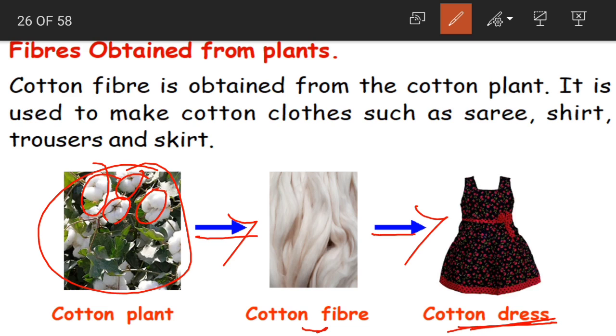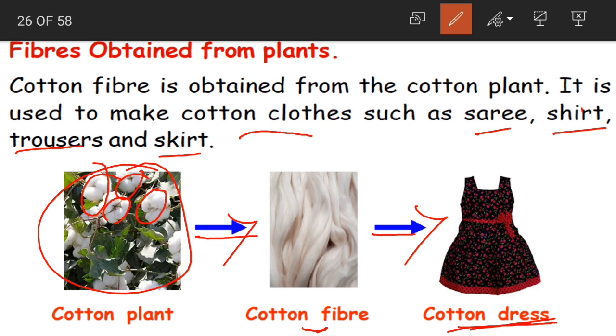Where is cotton used? It is used to make cotton clothes such as saris, shirts, trousers, skirts, bed sheets, curtains, towels and rugs. So many things from cotton. Basically, where do you get this cotton from? The plant.